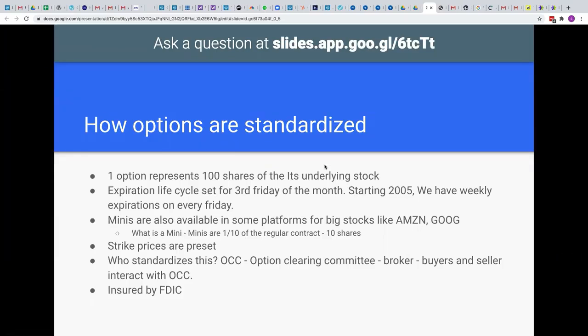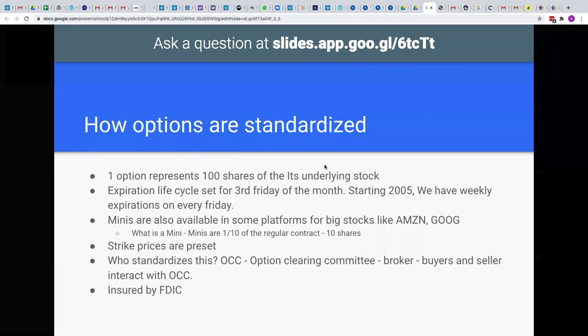At any point of time, your capital will remain the same, and the underlying stock will be 100 shares or whatever. That will be there. This OCC is also insured by FDIC, just like how your bank accounts are insured by FDIC. That means your options and the money you have put in the options are pretty much insured.